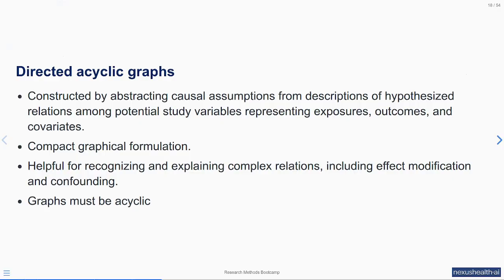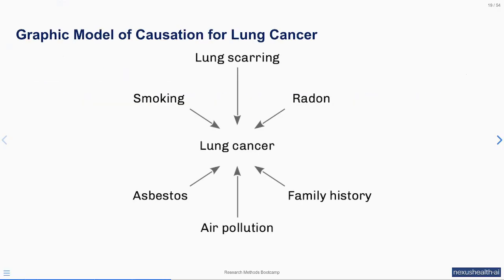Directed acyclic graphs are helpful for recognizing and explaining complex relations, including effect modification and confounding. Graphs must be acyclic. And what do we mean by acyclic? It means that if we move in one direction of the acyclic graph, we should not be able to get back to the starting point.